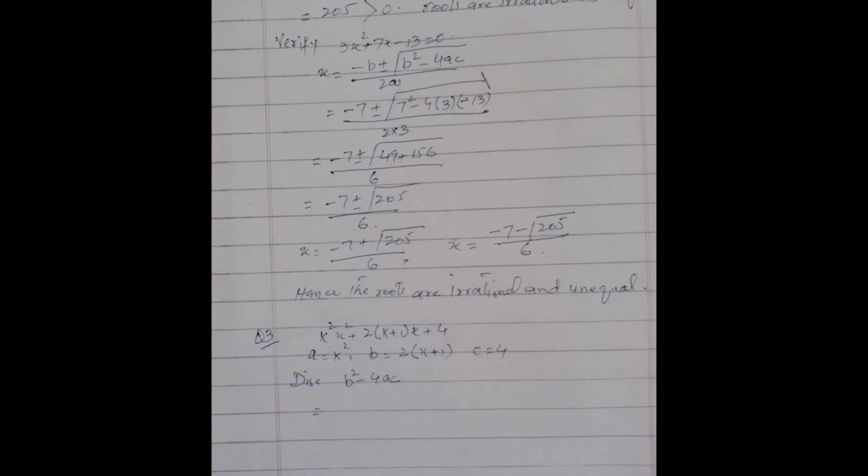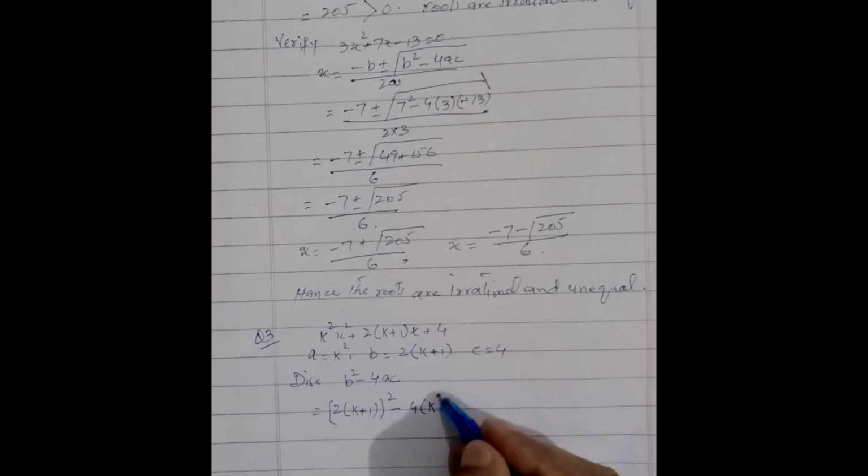Put the value of a, b and c in the discriminant, we get (2(k plus 1)) whole square minus 4 into k square into 4.